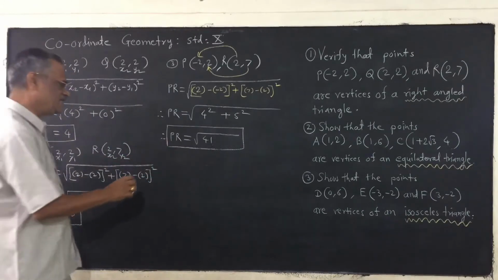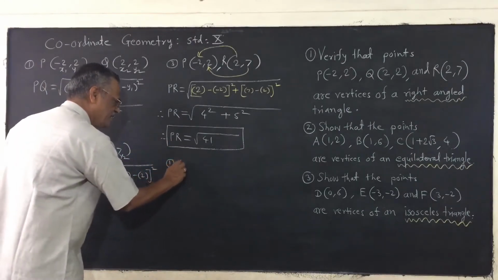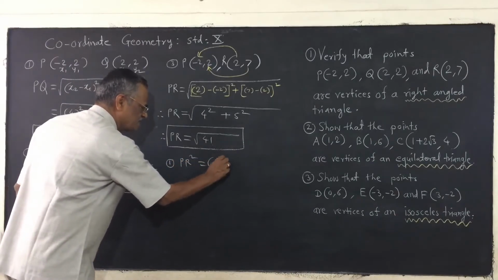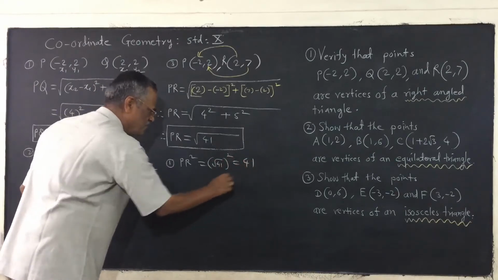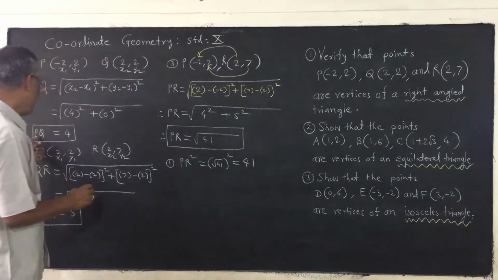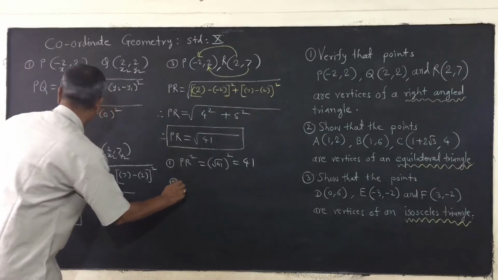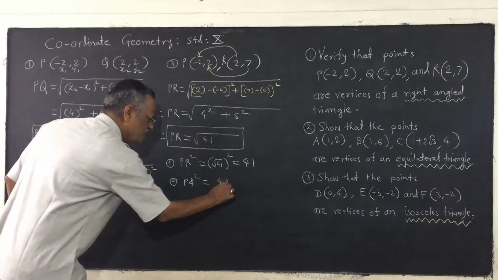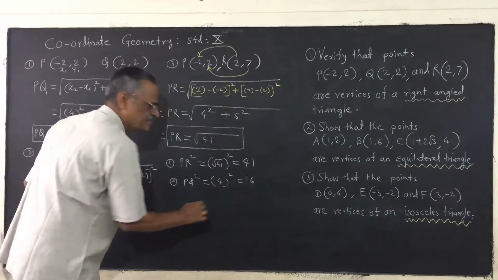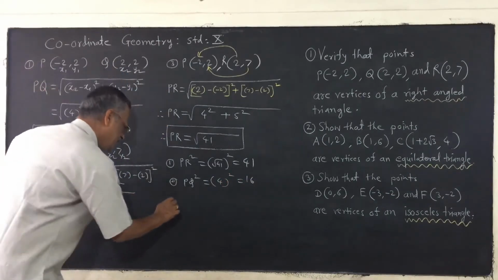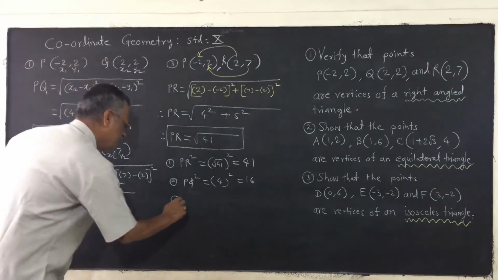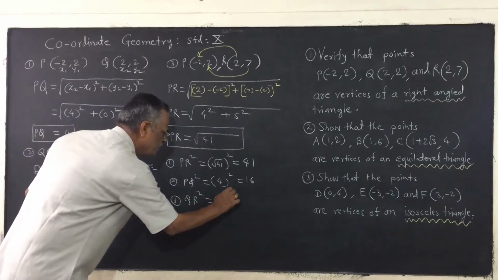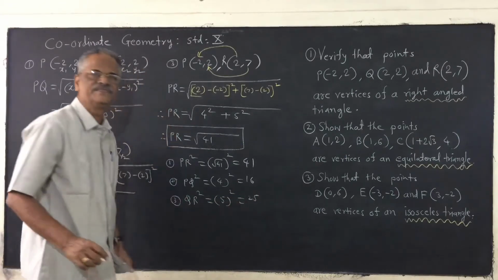So first you take the square of the greatest side, PR square. What is PR square? It will be 41. Then you find the second one, PQ square. What is PQ square? It is 16. Then you find QR square. QR is 5, 5 square is 25.